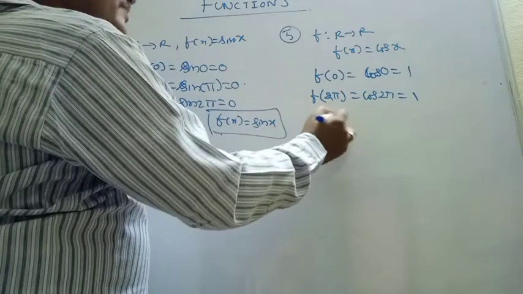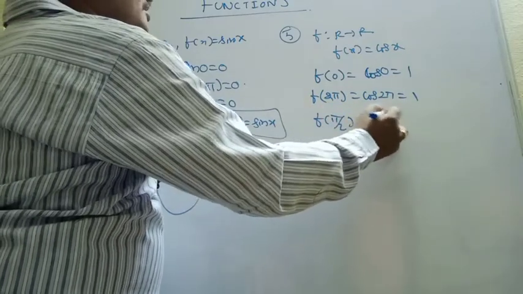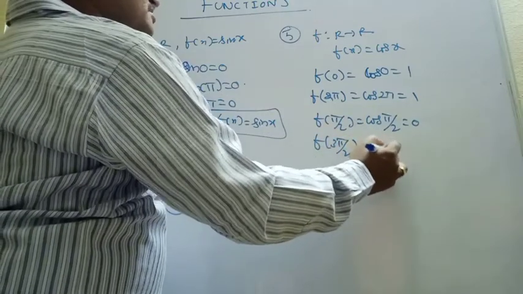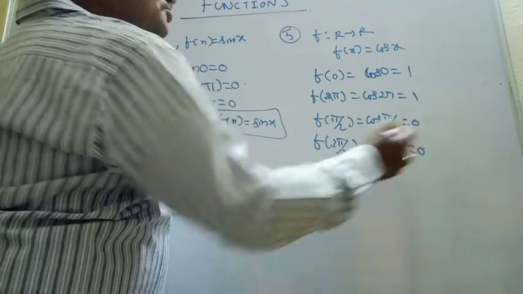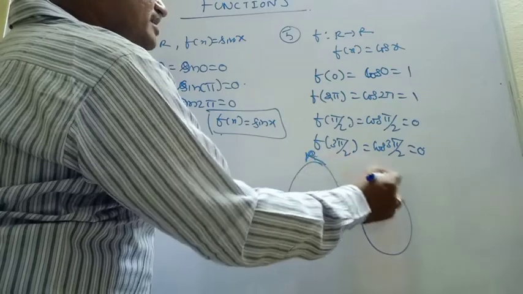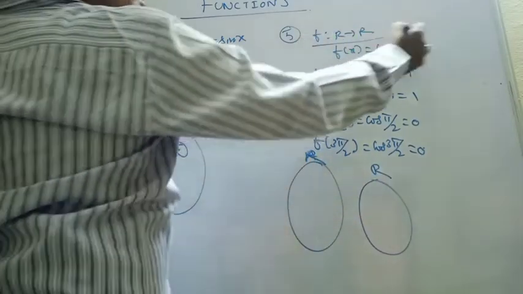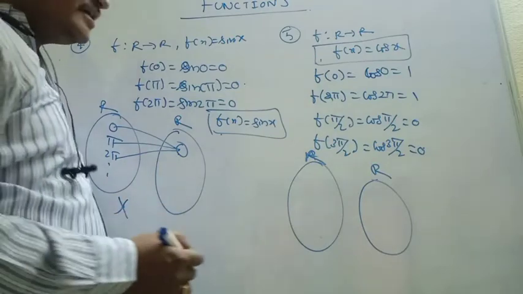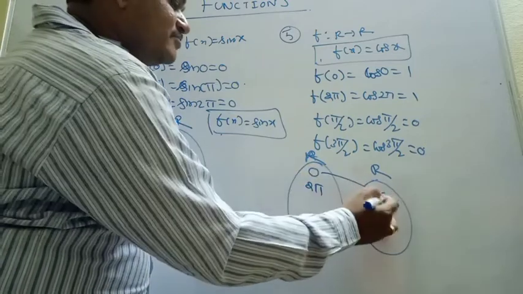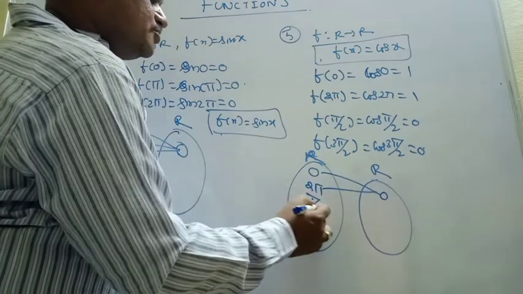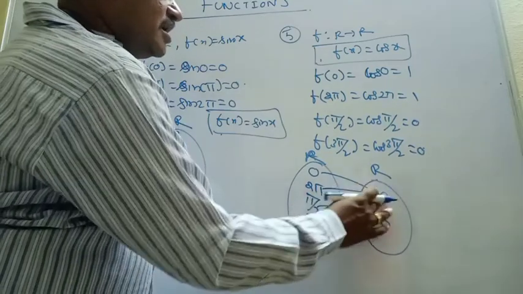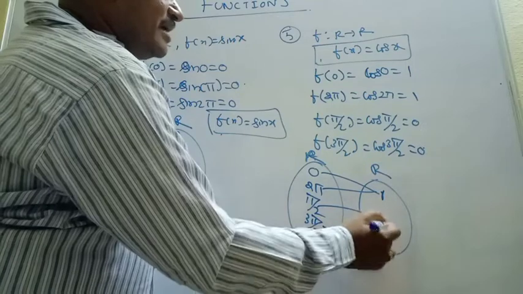And of course f of pi by 2 you take, that is cos pi by 2, which is 0. And f of 3 pi by 2, that is cos 3 pi by 2, is also equal to 0. That means, under this rule, from real numbers to real numbers, f of x is equal to cos x, you have 0 and 2 pi mapping with 1, and pi by 2 and 3 pi by 2 mapping with 0.